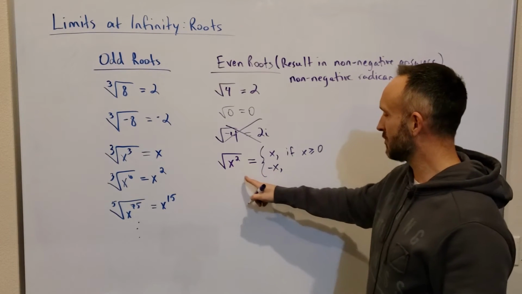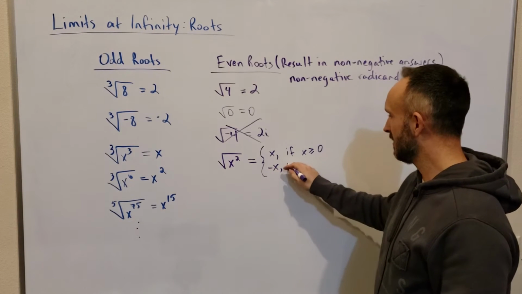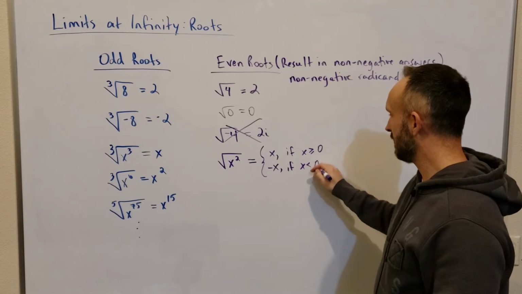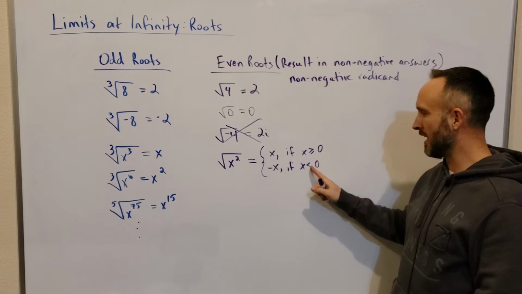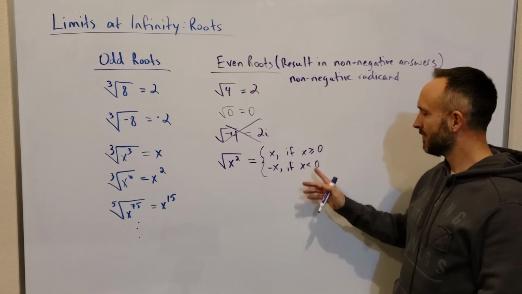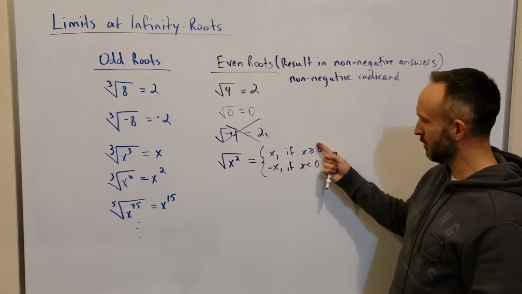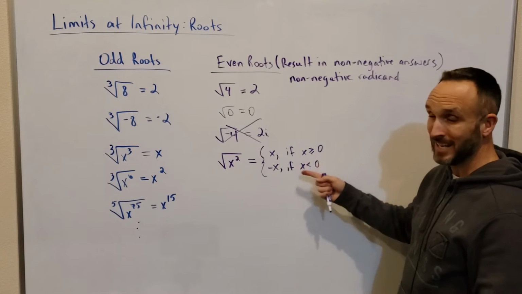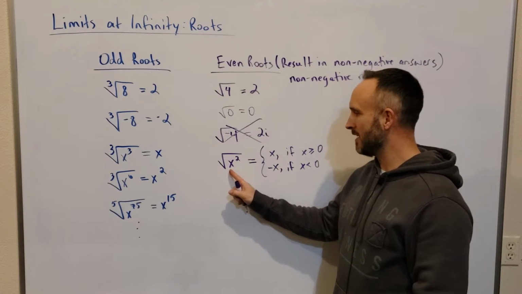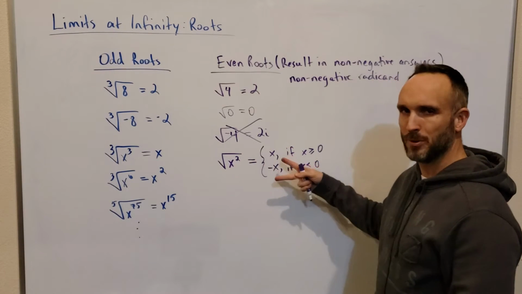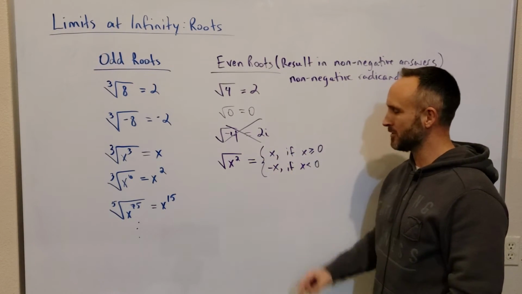So the square root of x squared actually outputs the opposite of x in the case that x is negative. Now the equals to could go on either one of these. It doesn't matter. I typically like to associate it with the positive, so those are my non-negatives and these are my negatives, but it doesn't matter. The point is the square root of x squared has this sort of ambiguous output because we don't know what x is by definition, so it could be one of two answers.